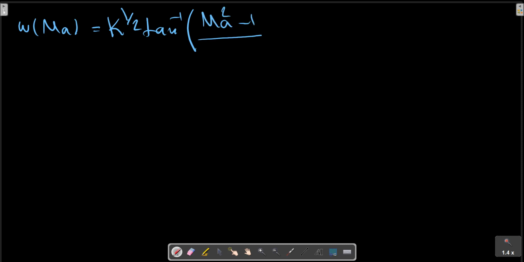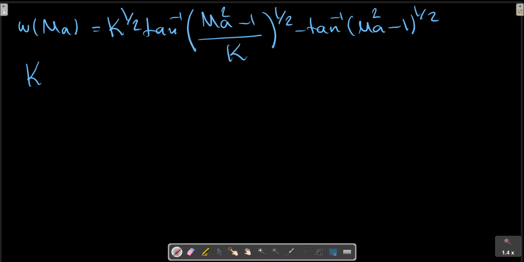Let me write the relation again here, where k equals (k plus 1)/(k minus 1).